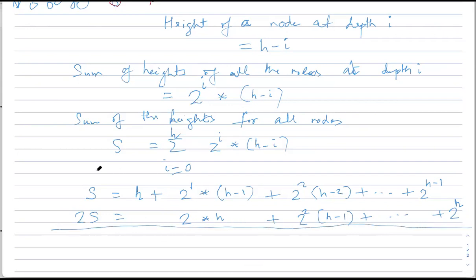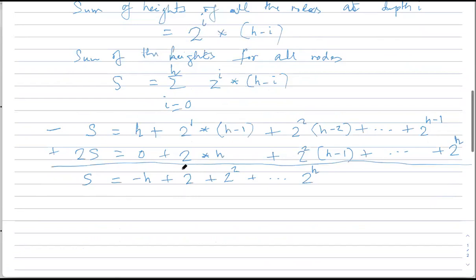So we now subtract the first one from the second one. Then we will get S here. This is going to be 0 minus H, which is minus H, plus 2 times H minus 1 minus H, which is 2, plus 2 square times H minus 1 minus H minus 2, which is 2 square. So you can see this is going to form the series of 2 until 2 to the power H as the last term.